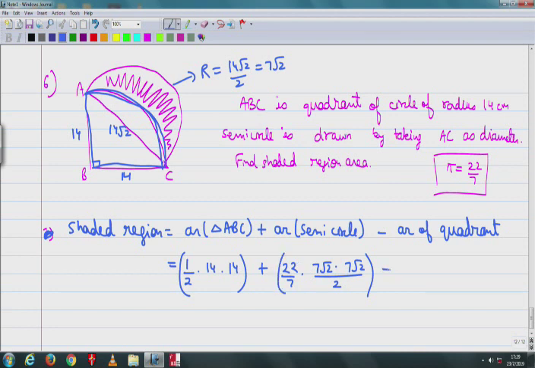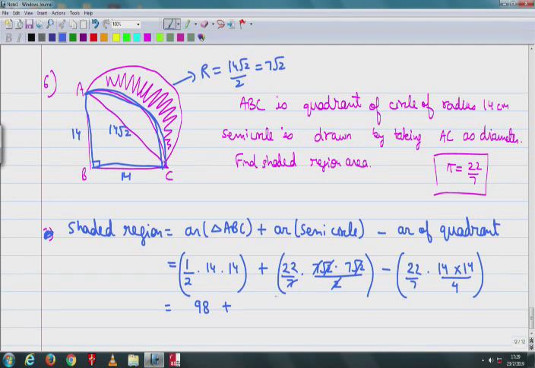Minus area for the quadrant. Quadrant means 1/4 of a circle, and the radius is 14 for that one. So pi r square, 14 into 14 divided by 4. This is the expression which we will make. So this will be 98, and this 7 will get cancelled, this 2 root 2 will cancel out this one.